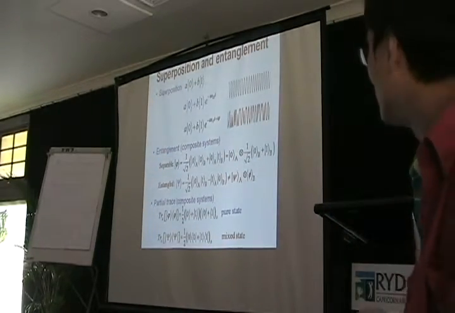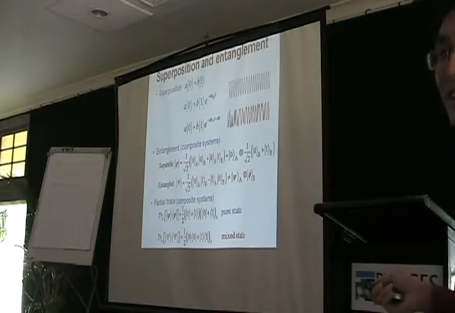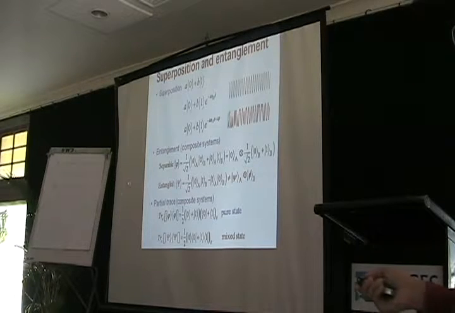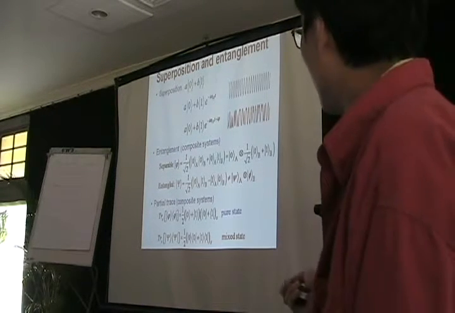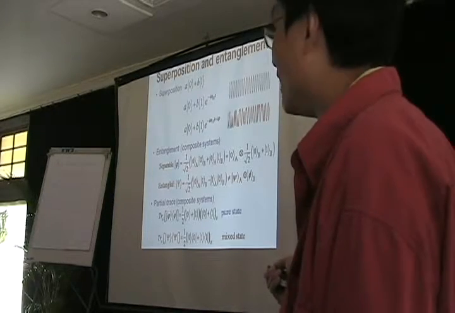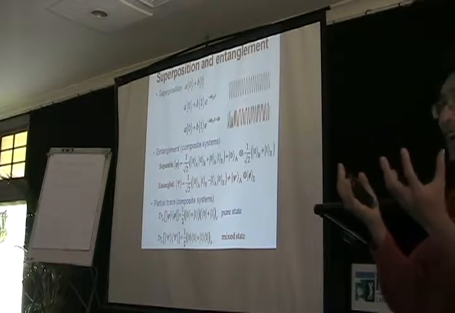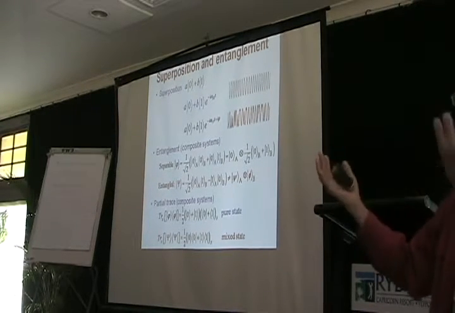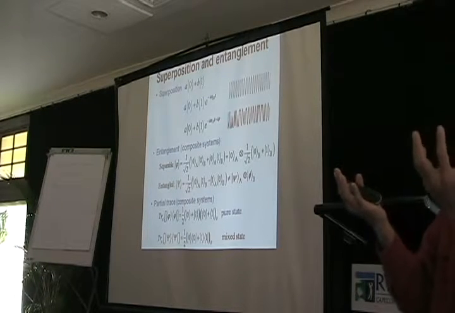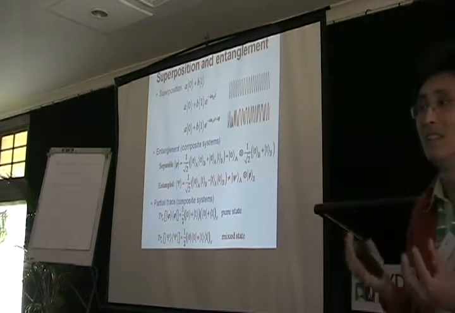So that's entangled. Why is entanglement important? Entanglement is important for understanding decoherence as well. When we talk about decoherence, we usually have a system of interest and the environment, so we can divide it into one subsystem and the environment as the other subsystem.